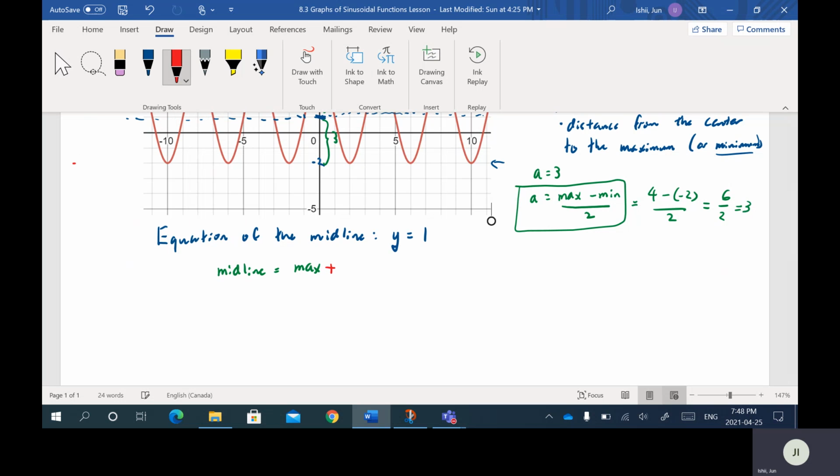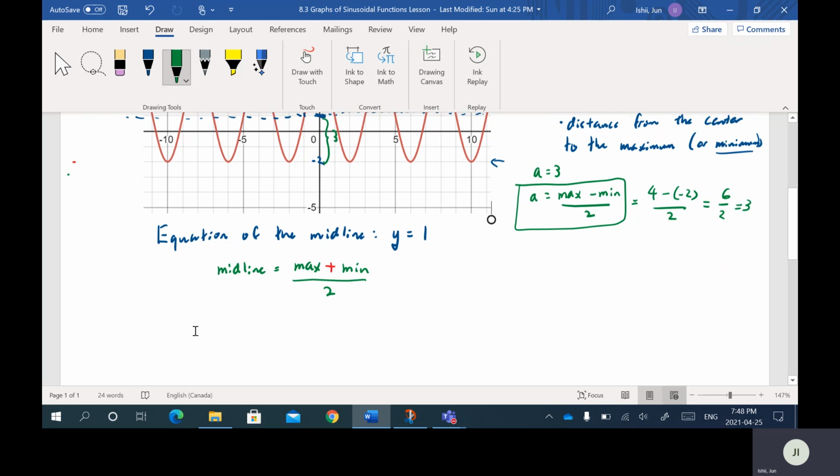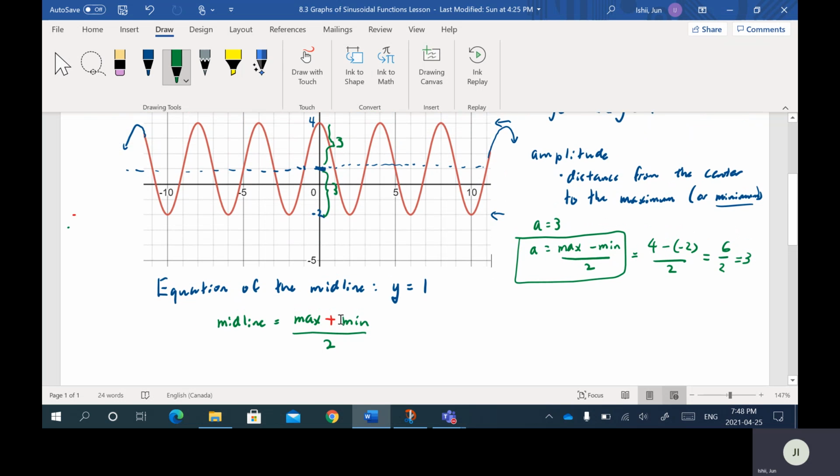Instead of subtracting, you're going to add the maximum to the minimum and divide it by 2. Hopefully logically this makes sense. The midline is like the average between the maximum and the minimum, because it's in the middle. So if I add the maximum to the minimum and then divide by 2, that should give me the center.